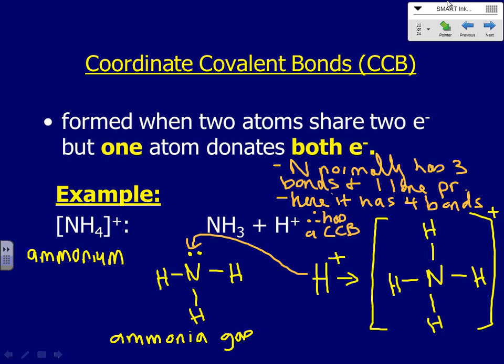Now, in the past, we've handed out practice problems, and you'll see it on your sheet, and I'm going to tell you to ignore it. In the past, we've said, identify which one is the coordinate covalent bond. And you might say, oh, well, that's easy. Right there is the coordinate covalent bond. There's the one that wasn't there moments ago. Again, I'm going to make reference to my model here.